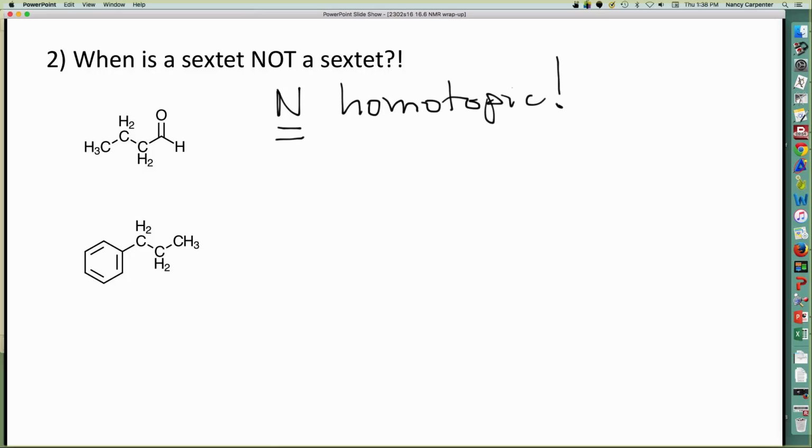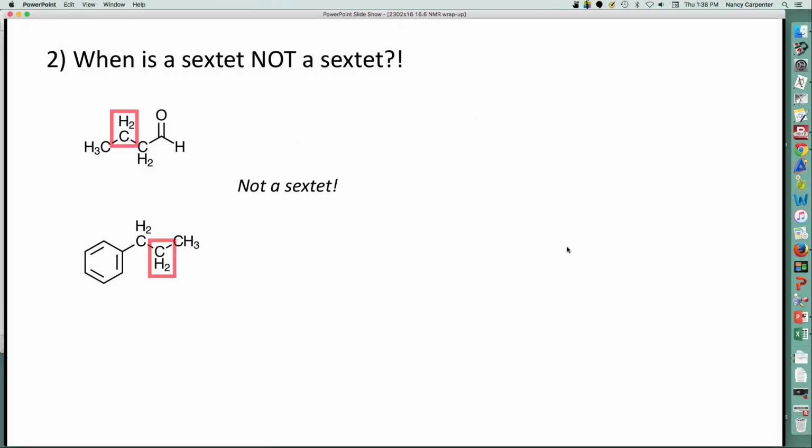So, when I start looking at those CH2 groups on these two examples, you're absolutely tempted to go, well, gee, there's 3 hydrogen neighbors here, there's 2 hydrogen neighbors there, 5 plus 1 equals 6. But neither of these are sextets, because if it was a true sextet, there would have to be 5 chemical shift equivalent hydrogens. And the CH2 and the CH3 in each of these examples, they're not chemical shift equivalent.